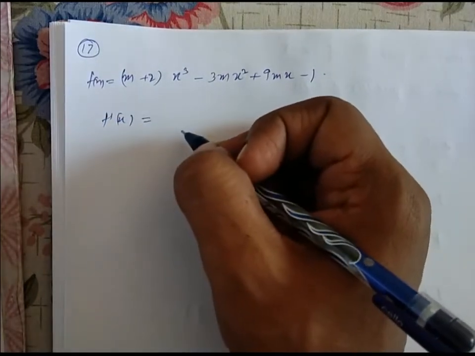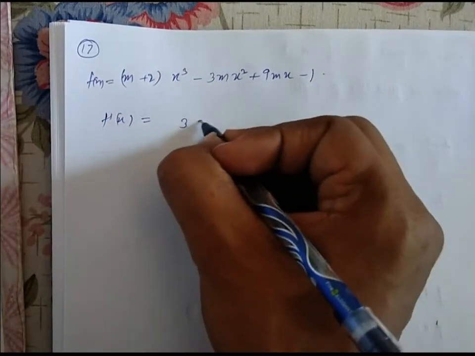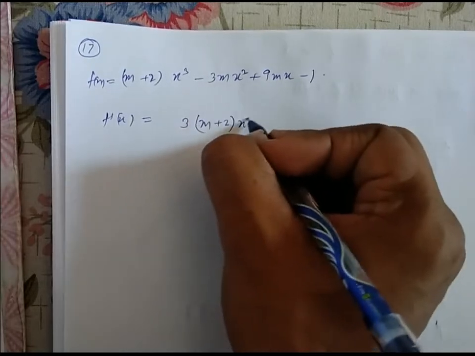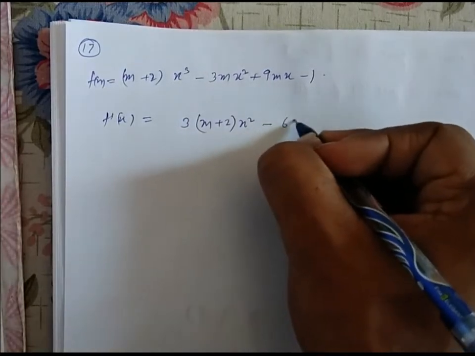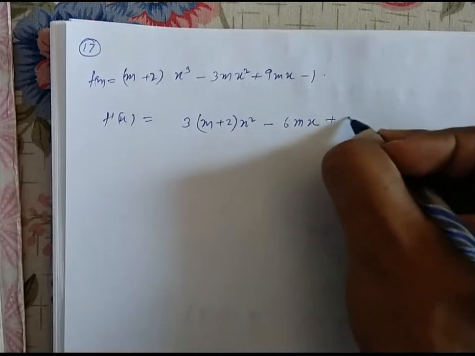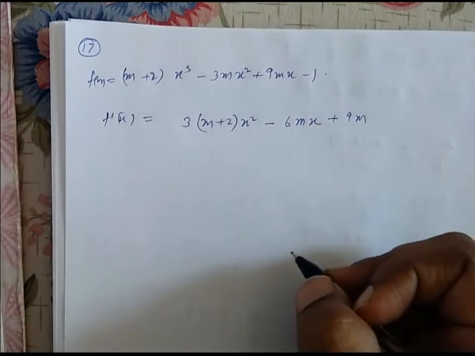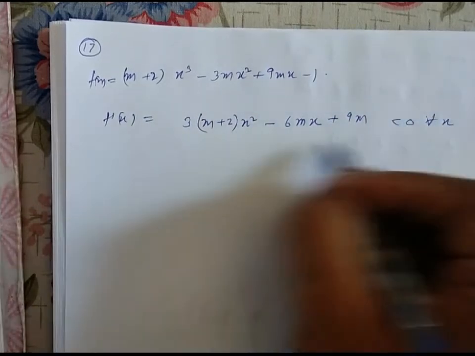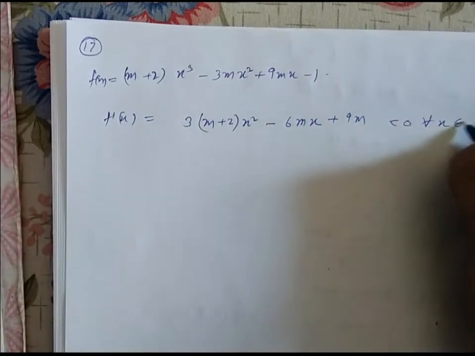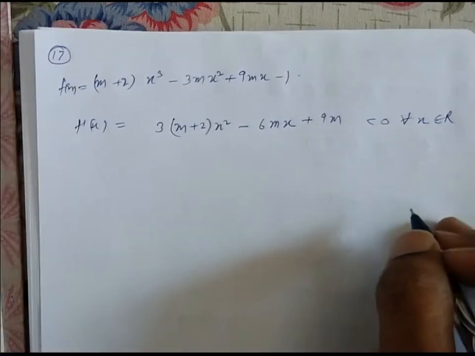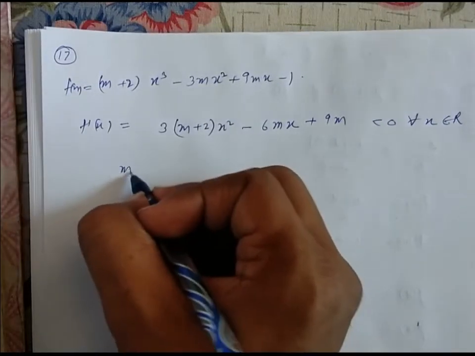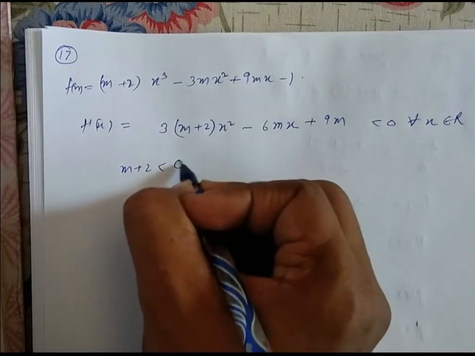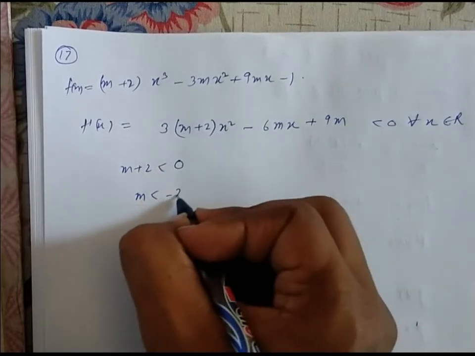So f dash should be less than 0. So 3(m plus 2)x square minus 6m x plus 9m should be less than 0 for all x. So for this it should be a downward opening parabola, which means m plus 2 has to be less than 0, m less than minus 2.